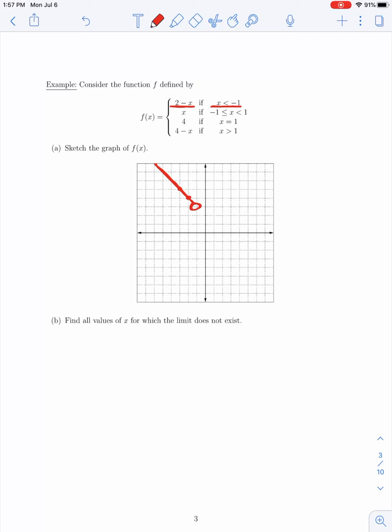So let's see what our definition changes to. As soon as x is equal to -1, our function is defined as x itself. So if x is equal to -1, the value of our function would also be -1, and we have a closed point there, since our inequality was x is greater than or equal to -1.